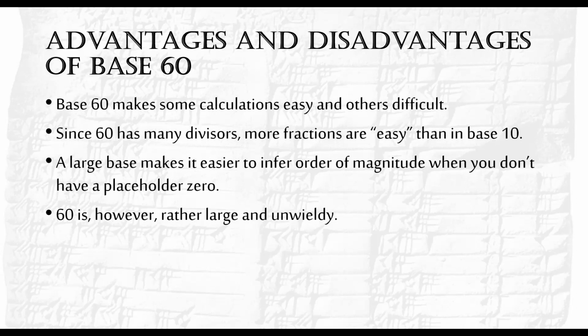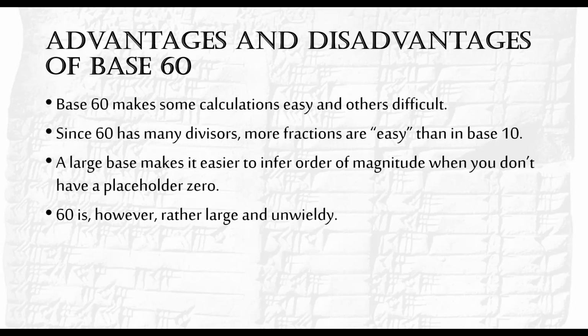Having a base of 60 when you don't have a placeholder 0 makes it a little easier to infer order of magnitude. Because they didn't have a placeholder 0, right? If it said that you had 2 wedges goats that you bought from your neighbor, it's probably 2 goats you bought from your neighbor and not like 120 goats, unless you're kind of rich and your neighbor's kind of rich.